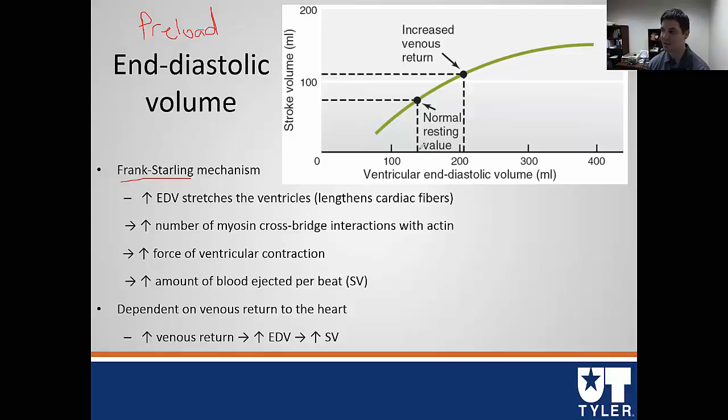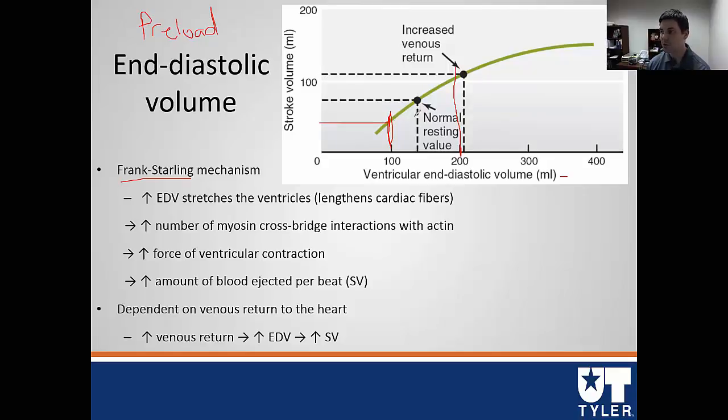And that's exactly what this graph shows here in green. So here's our preload, or our end diastolic volume. As end diastolic volume increases, let's say from 100 mils to 200 mils, we can draw up the line. So the stroke volume here would be, I don't know, about 50, and then at about 200 it would be around 100.